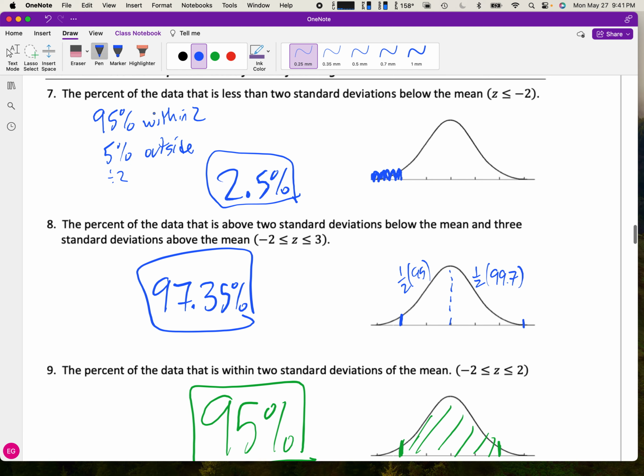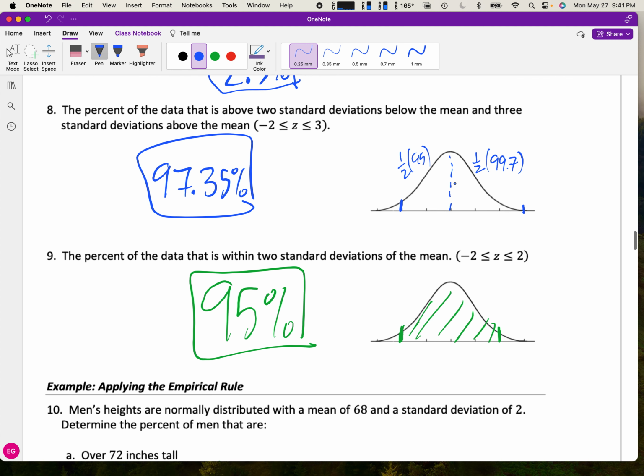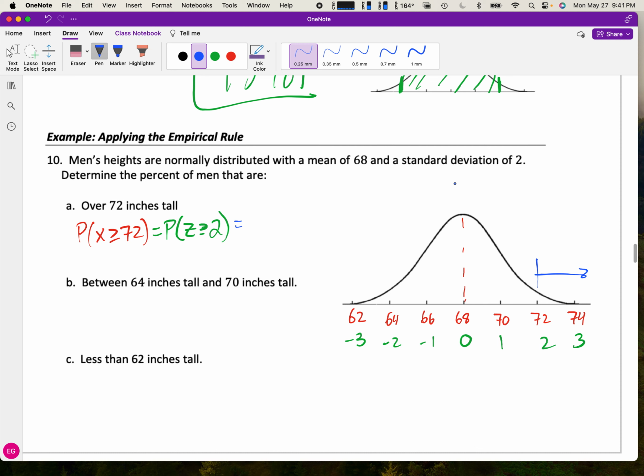I'm just going to scroll up here and say it's going to be 2.5%, because we already figured out that less than 2 was 2.5, and since the graph is symmetrical, more than 2 is going to be the same. The other way of thinking about it is we can say 95 is the total amount. We want the outsides, which is 5%, and then we want to cut that in half so that we only get each side of it, okay?